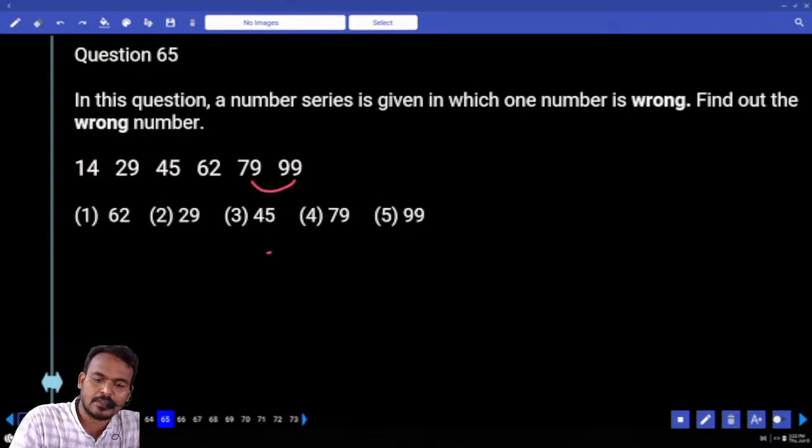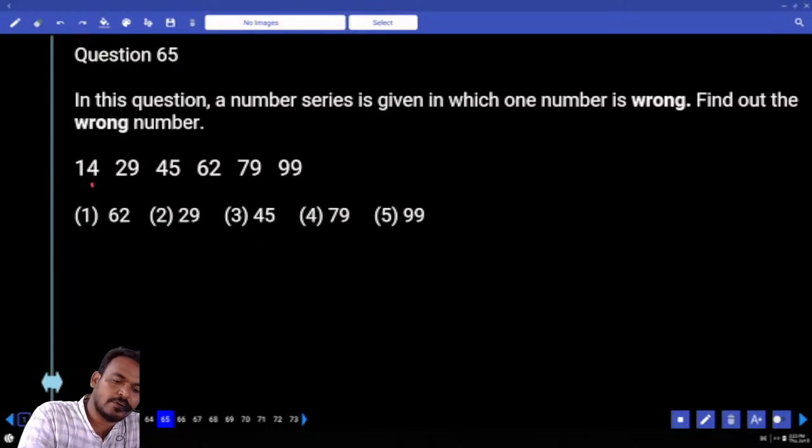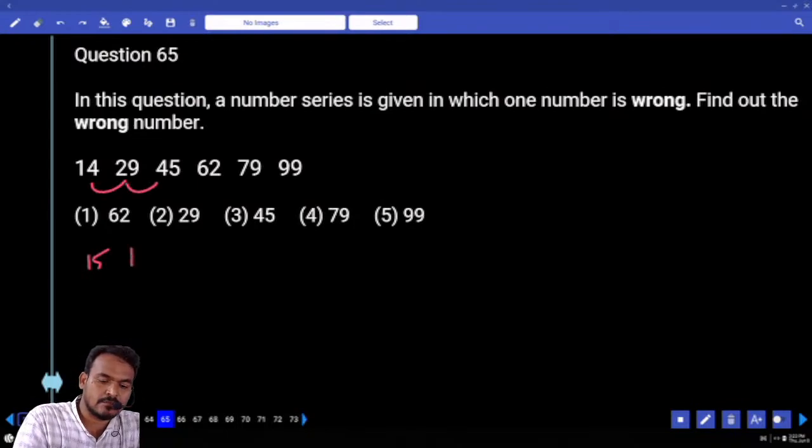79 and 99, what is the difference? 20. 62 and 79, 17. And 45 and 62, 17. What is the first one difference? 15. Next one 16. Next one obviously 17. Obviously next one 18.